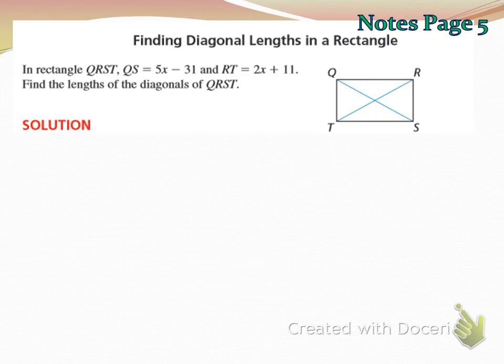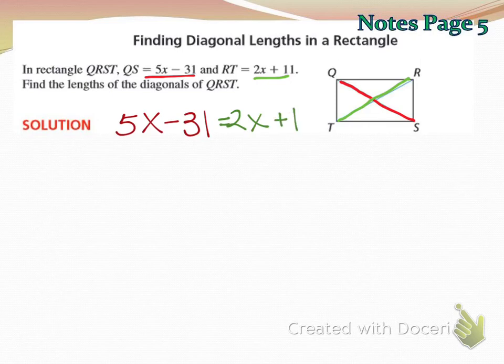In rectangle QRST, the length of QS is 5x minus 31, and the length of RT is 2x plus 11. What do I know about the diagonals of a rectangle? They're equal to each other, so what do I do here? Set them equal. So 5x minus 31 is equal to 2x plus 11.